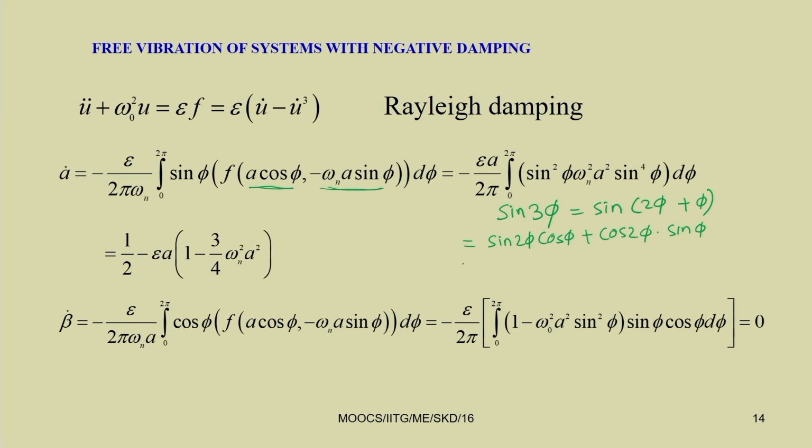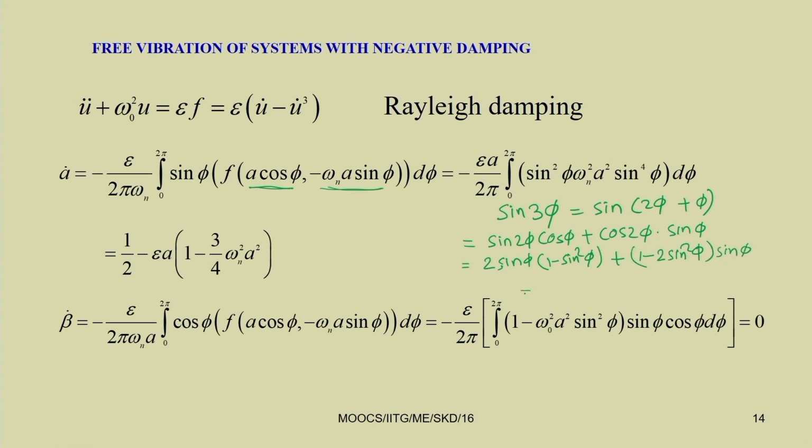The sin 2 phi is nothing but 2 sin phi into cos phi. So, cos phi into cos phi becomes cos square phi, and this cos square phi you can write as 1 minus sin square phi. Similarly, cos 2 phi is cos square phi minus sin square phi, and this cos square phi can be written as 1 minus sin square phi. So, again sin square phi, so 1 minus 2 sin square phi, into sin phi.